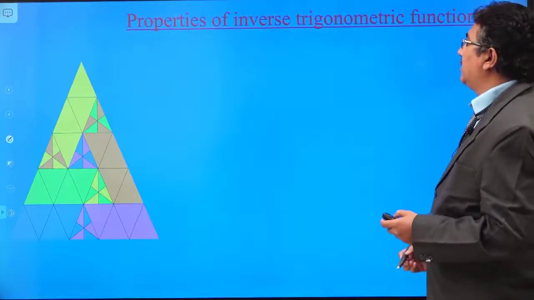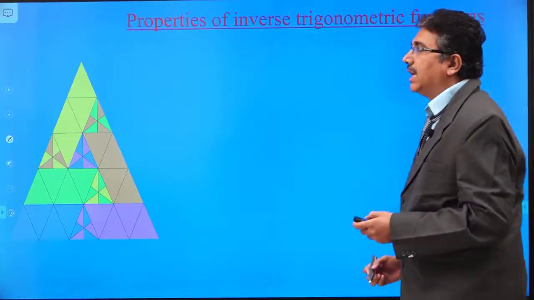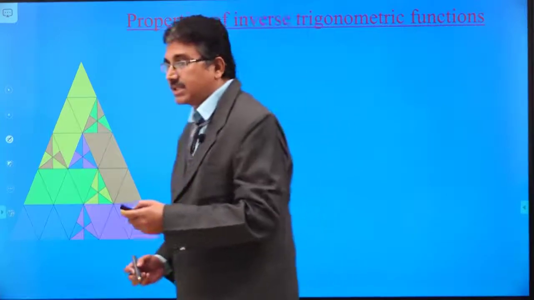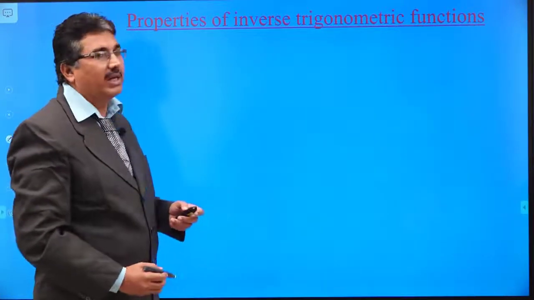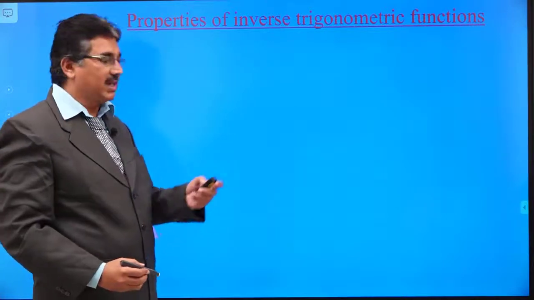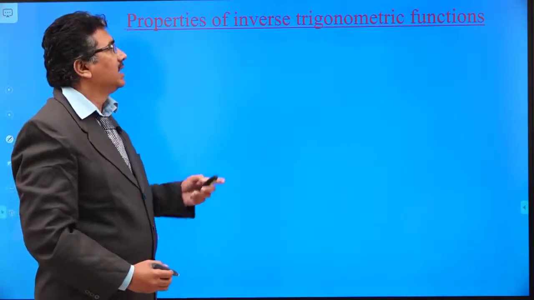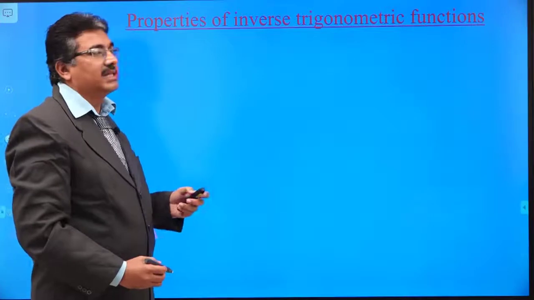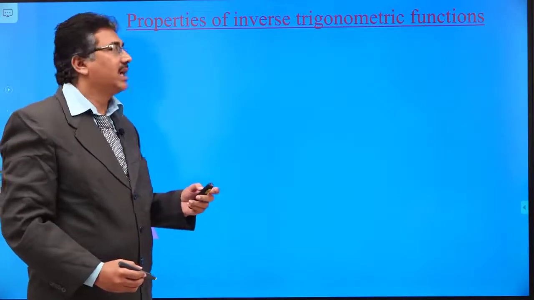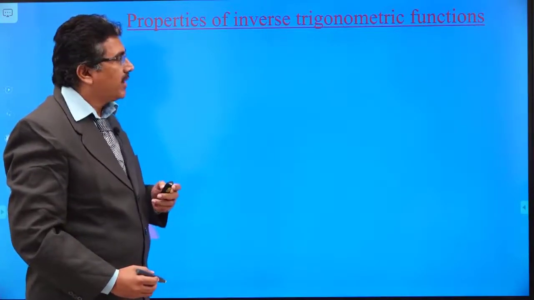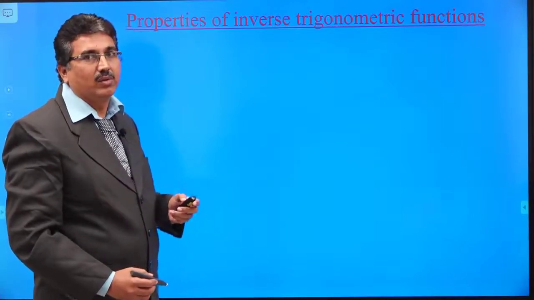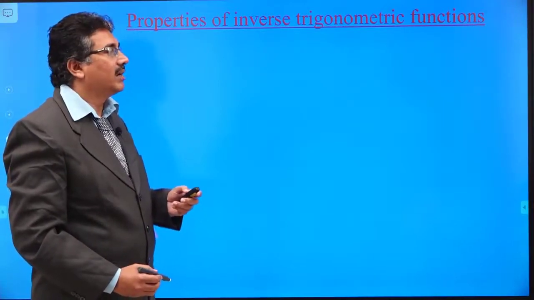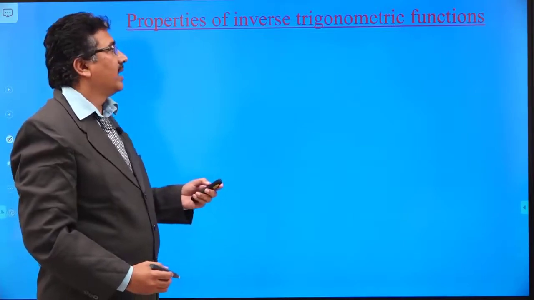Now, the properties of inverse trigonometric functions and various applications of inverse trigonometric functions. See how to change the properties of inverse functions related to trigonometric functions.